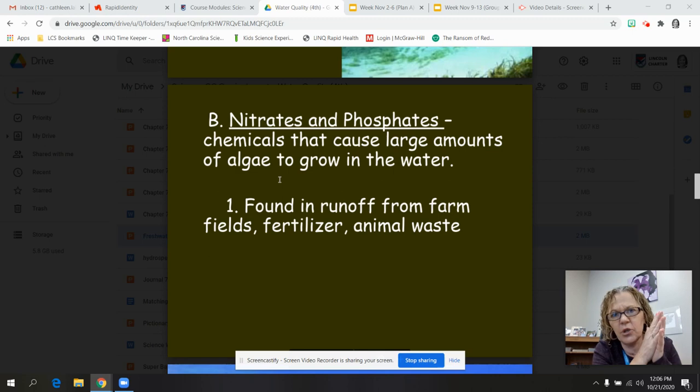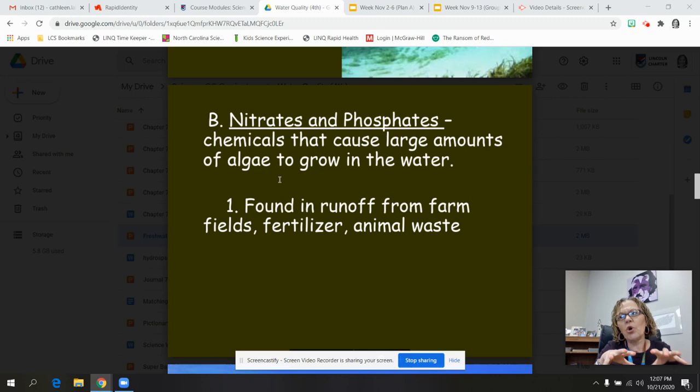Now, that's not good because now some fish will eat algae, okay, and we need algae in the water, but when we have an algae bloom, which is a mass amount of algae that grows, algae is a plant, and it will take in the water and the carbon dioxide and produce oxygen just like other plants do.